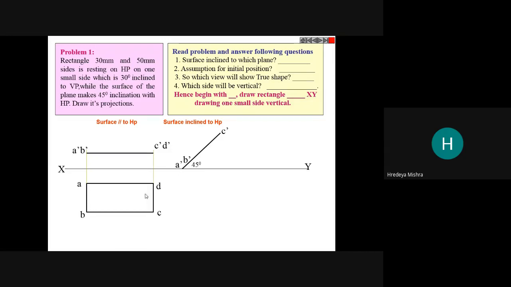See here, this is the projection. So you just make this line 45° inclined from here. Now next thing, we have to draw the vertical projection from here.